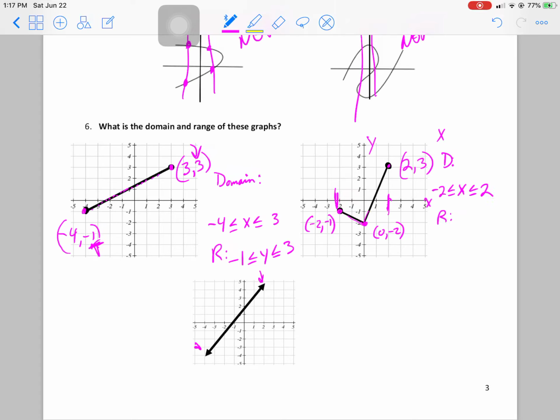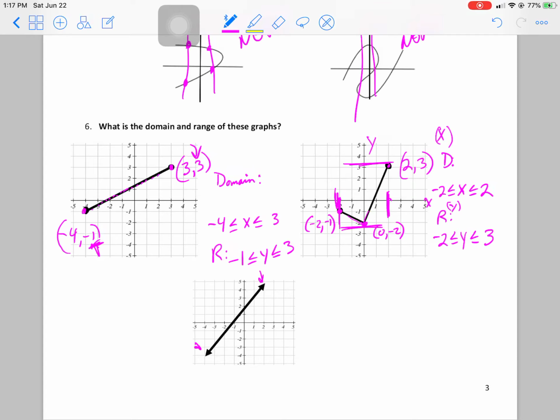And then the range, how far down does it go? Well, it goes down to -2. And then it goes all the way up to 3. So there's the range. All right, so you're kind of counting the x's from here to here, and the y's are kind of going from here to here. All right, so domain is x's, range is y's.